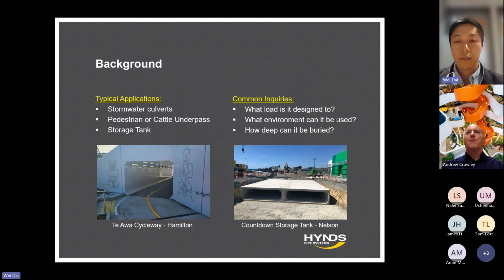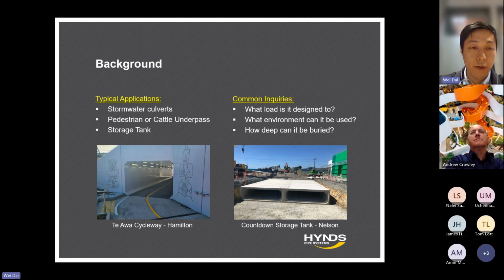All right. So let me start by introducing a bit of background of this seminar. As you might have already known, there are several typical applications of box culverts, such as stormwater box culverts, pedestrian or cattle underpass, or when you put two plugs onto the box culvert, they become a storage tank.